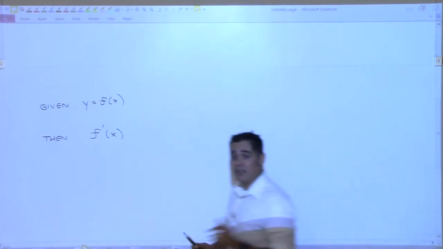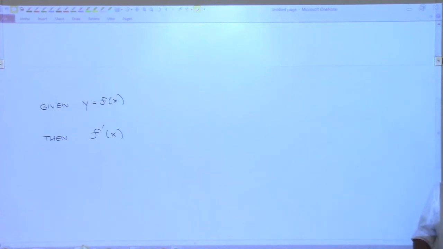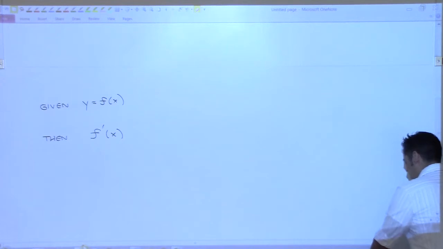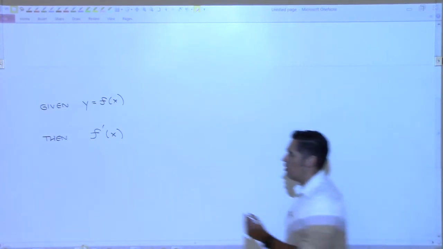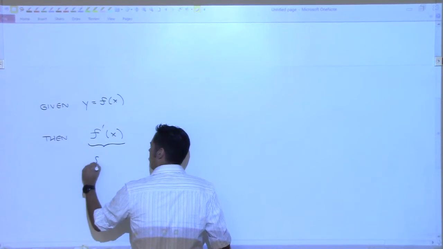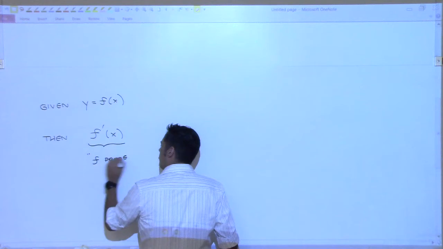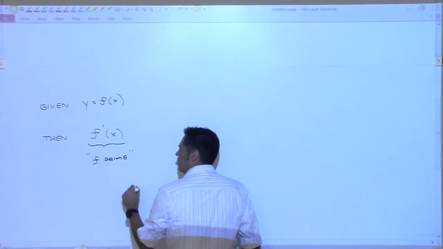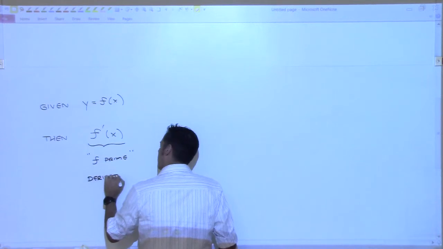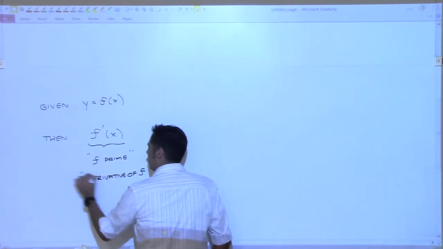Now I'm referring to 2.2, because 2.2, remember, was not on the test, but we did do 2.2. So we said that we could compute this new thing right here, which we call the what? What is this thing called? Okay, we say f prime. That's one thing we call it. What's something else I could call it? The derivative of f.